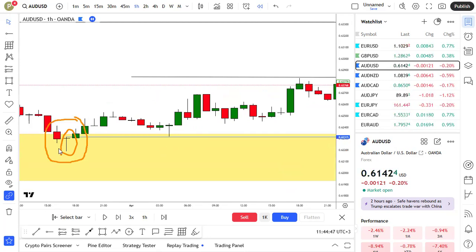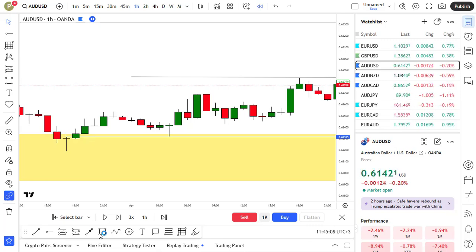On the left we have the intermediate term low, on the right we have the short term low, and the intermediate term low here is the one that we're going to use as our order block.